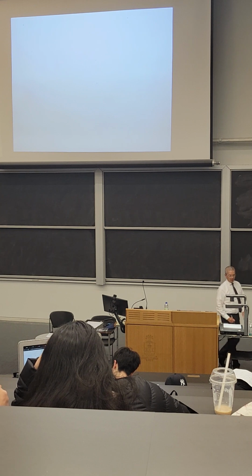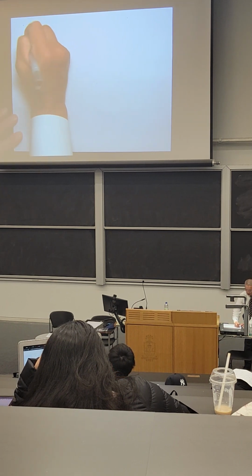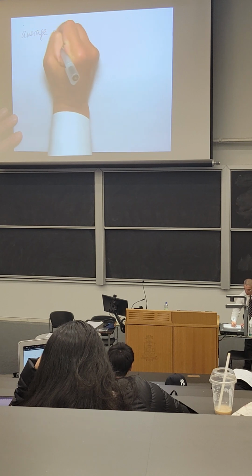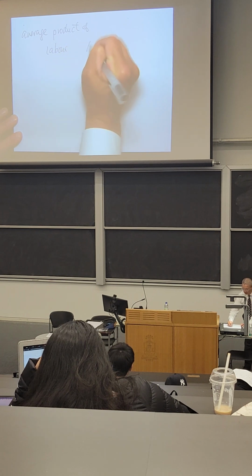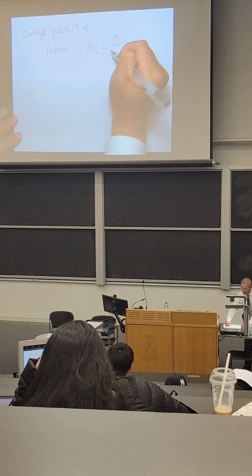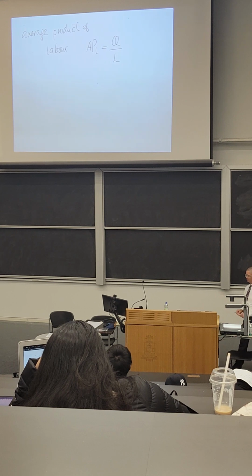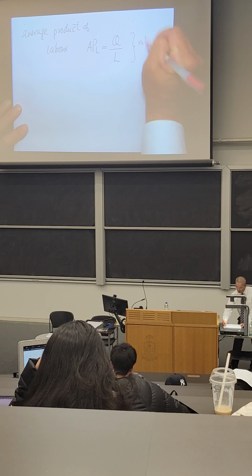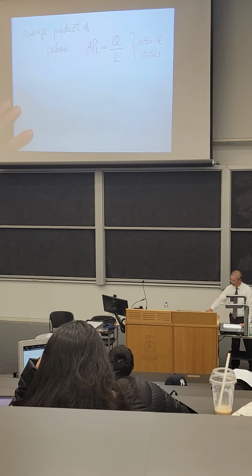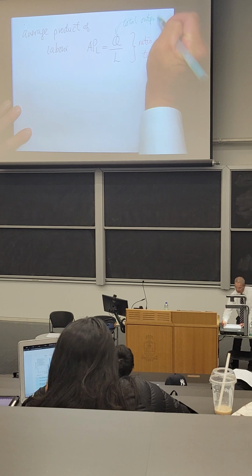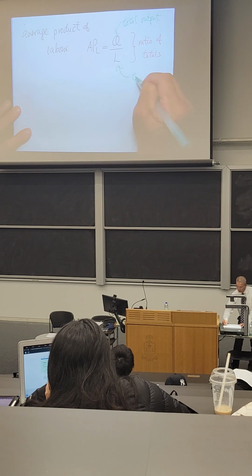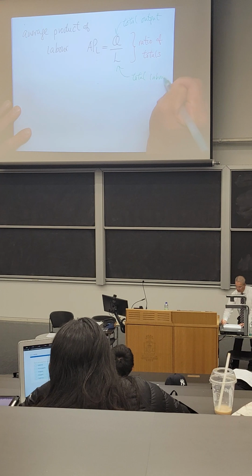The first measurement about productivity is what we call average product of labor. Output divided by labor input. This is the ratio of total. This is the total output you produce, and this is the total labor input you use.